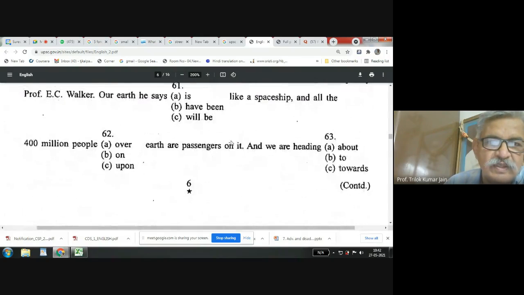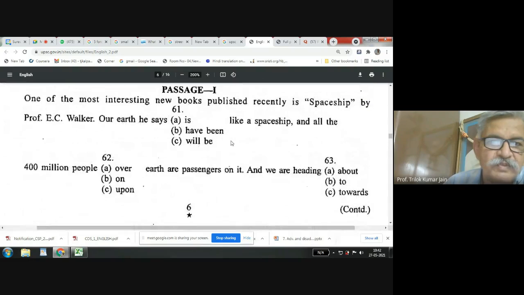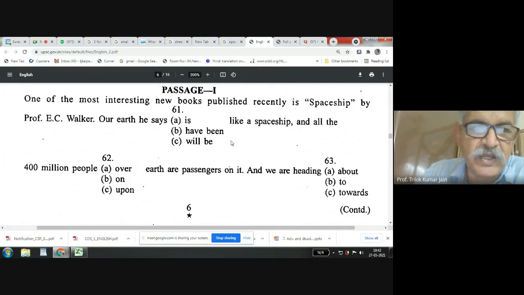Now let's bring the passage. One of the most interesting new books published recently is Spaceship by Professor E.C. Walker. Our Earth, he says, is like a spaceship, and all the have been will be.